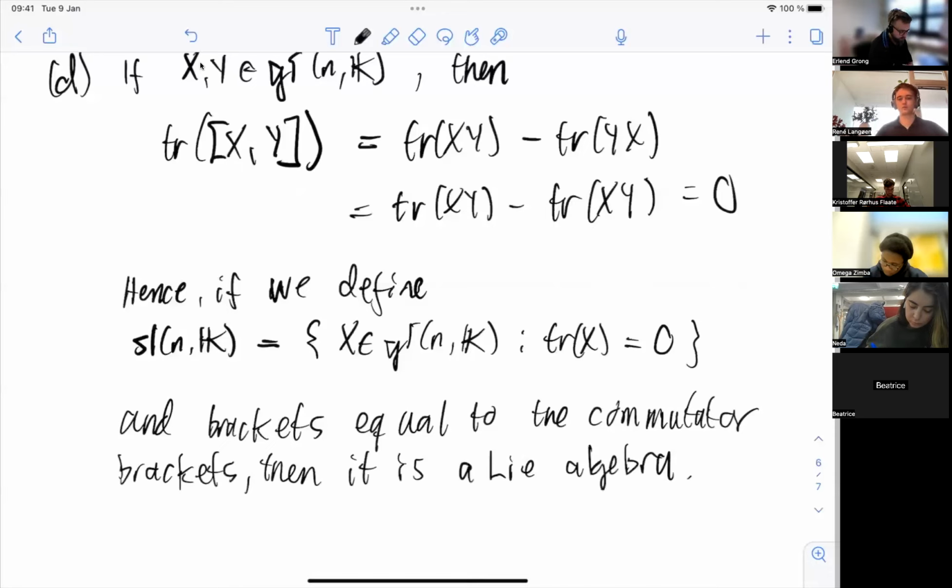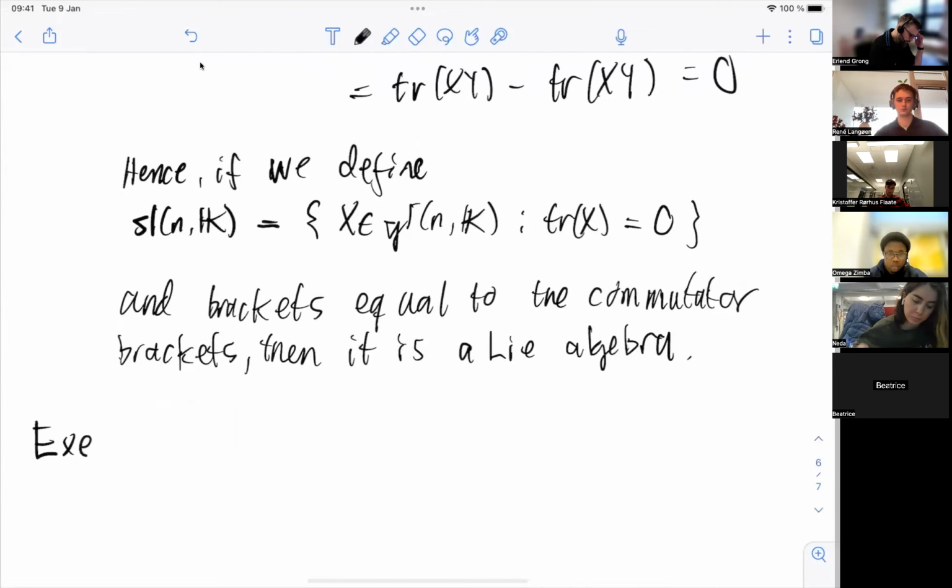Because if I take just the trace-free matrices, then the bracket will always be also inside the trace-free matrices. And so this will be then also a Lie algebra as well, right?